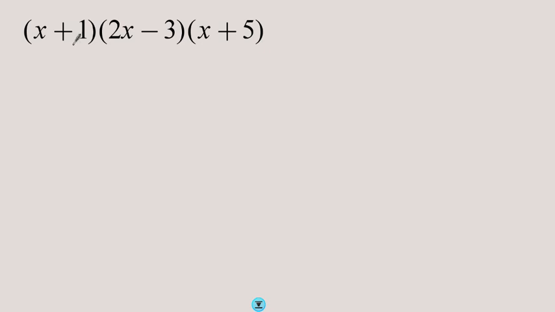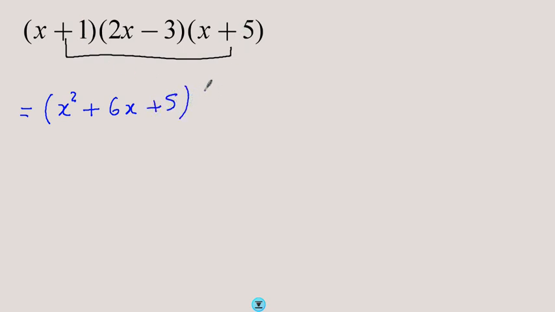Personally, I would like to multiply out these first, because it seems that the numbers inside the brackets and the coefficients of x are easier. So multiplying out those 2 brackets will give me an x squared. I have 5x and an x, which gives me plus 6x. 1 times 5 is 5, so plus 5.